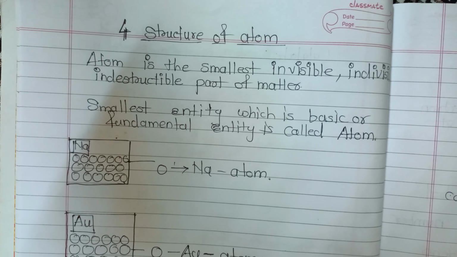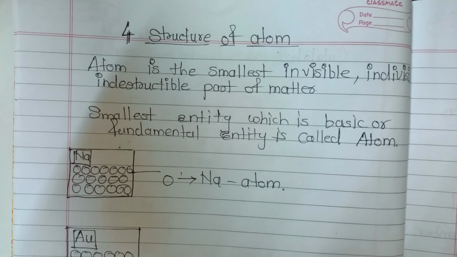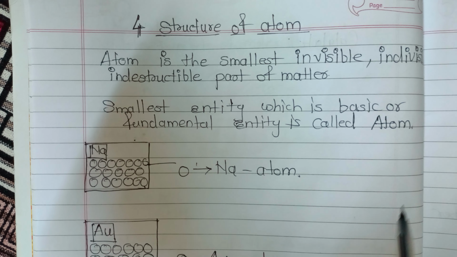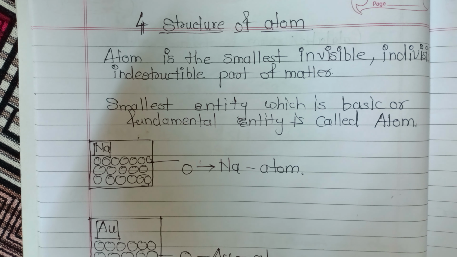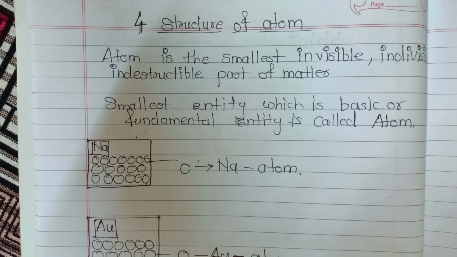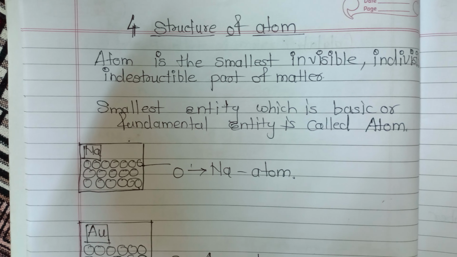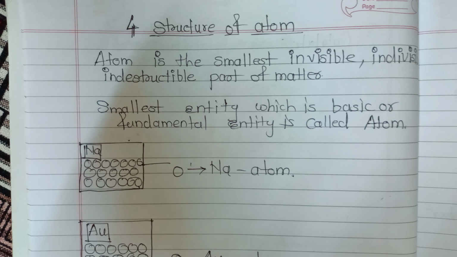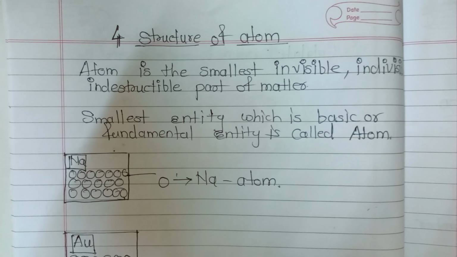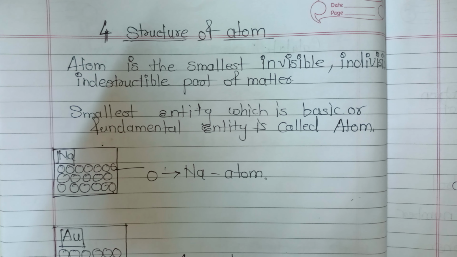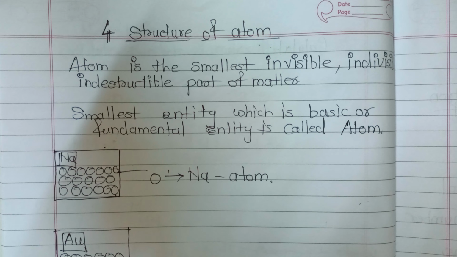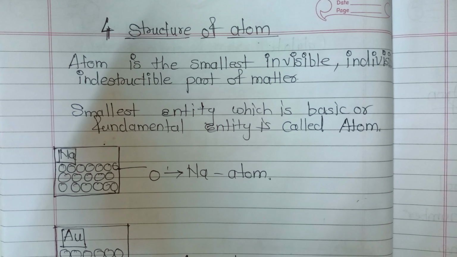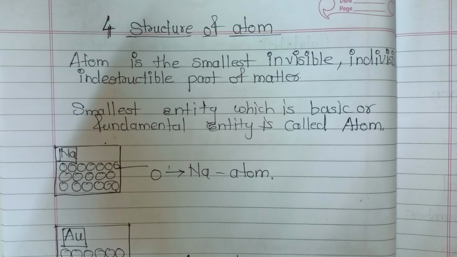So what is atom? Atom is the smallest indivisible, invisible, and indestructible part of the matter. What is matter? You know the smallest particle of any matter is called an atom, that we have learned. Previously it was said that it is the smallest, invisible, indivisible, indestructible part of the matter.